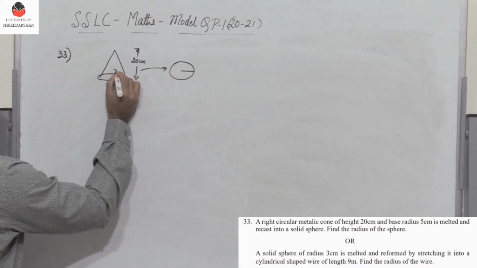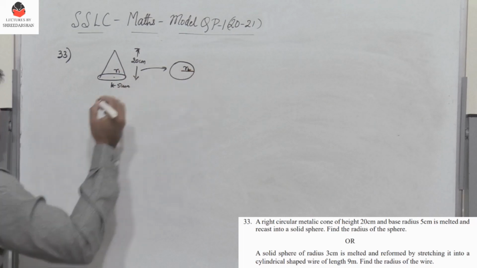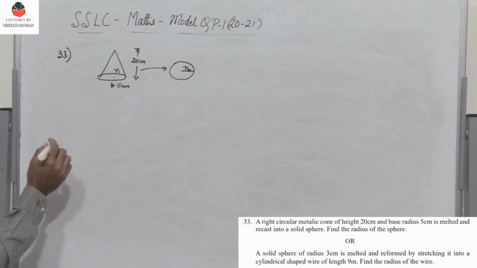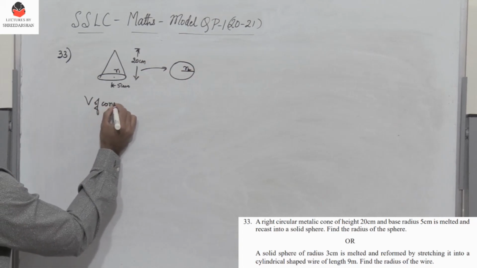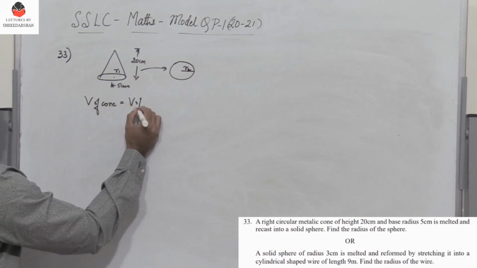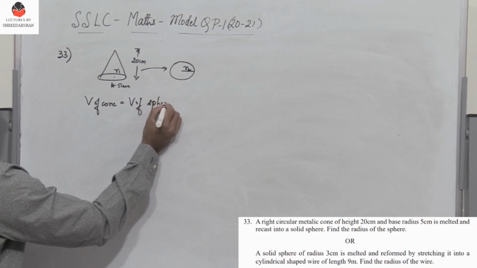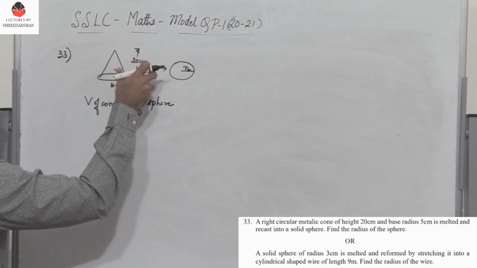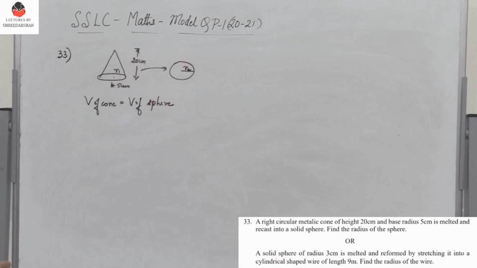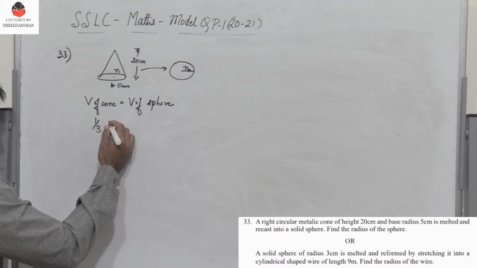So let this radius be R1 and let this radius be R2. So therefore the volume of the cone will always be equal to volume of the sphere. Because here this cone has been melted and it has been cast into a sphere, so the volumes will be the same. So I have 1 by 3 pi R1 square h, which is the volume of the cone.